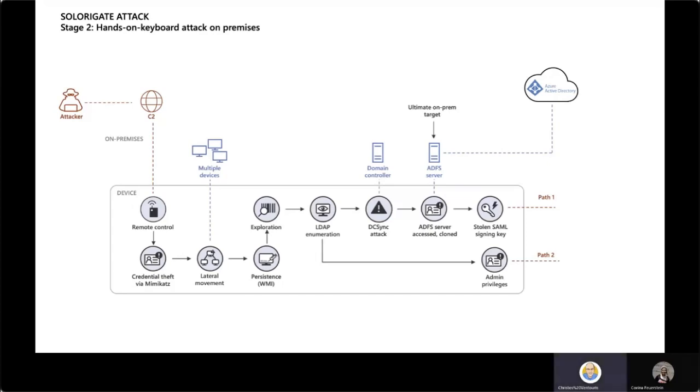As a result, any SAML token they create and sign will be valid for the identity of their choosing. With achieving this, the attacker has now transitioned from on-premises to the cloud, and they can continue their attack from there.